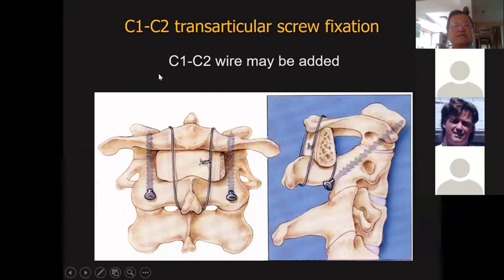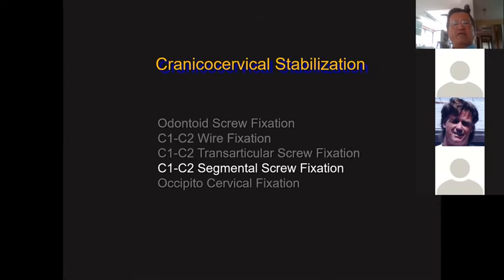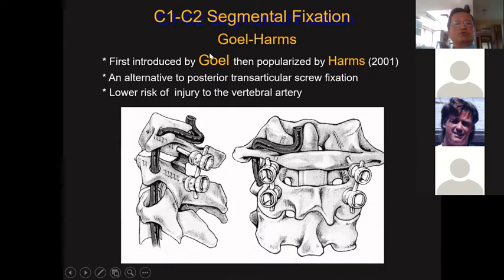Besides, some surgeons prefer also adding some wire in addition to the Magyar screwing. So because of that important complication, many surgeons have left it, and they have come to use the Goel-Harms screwing. It was first introduced by Goel, then popularized by Harms in 2001.